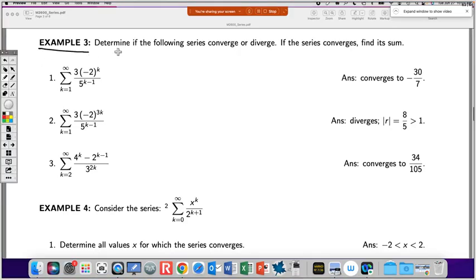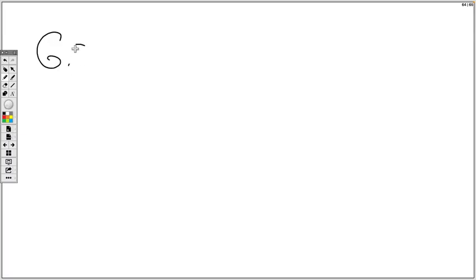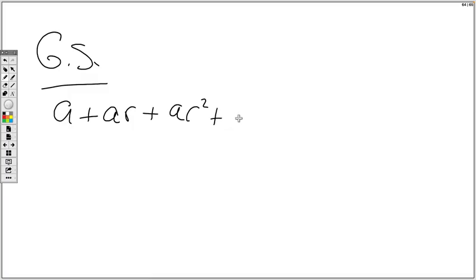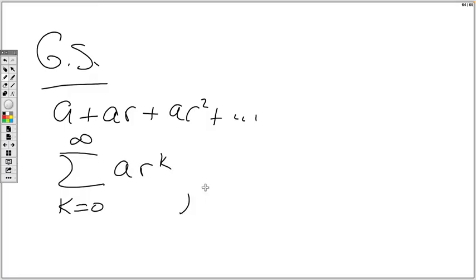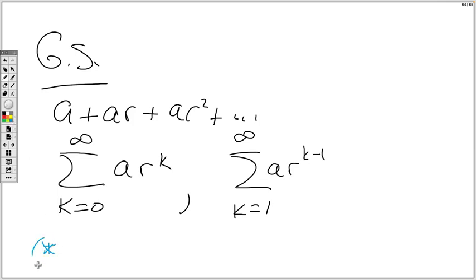All right. Determine if the following series converge or diverge. If the series converges, find its sum. So once again, we have these formulas here for a geometric series. Geometric series, we're adding up. Geometric series, you could write them, if you write them starting at 0, they look like A R to the K. Once again, you can shift the index, etc. But here's what's going to cue you in on if you've got a geometric series at your disposal.